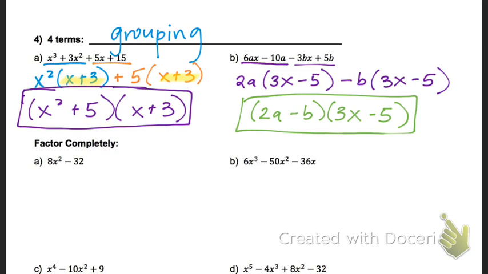If we look at A, it has 2 terms. But what's our 0 step for all of them? Check for common factors. Is there anything that I can take out of A? 8. And I'm left with x squared minus 4.